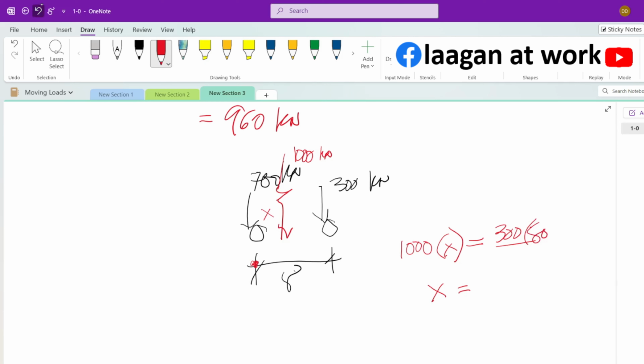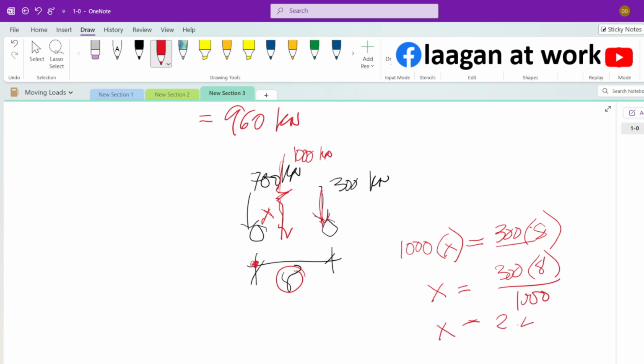So 1000 times x is equal to 300 times 8. So x is equal to 300 times 8 over 1000, which is 300 times 8 divided by 1000.